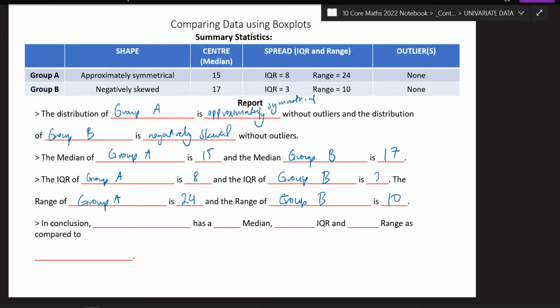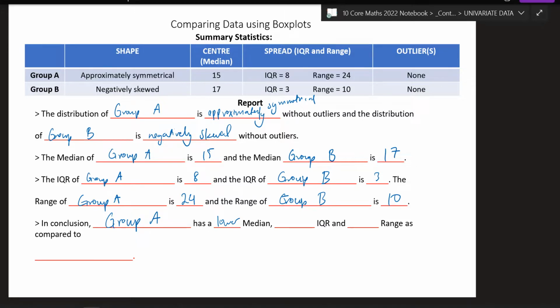Okay, so let's talk about the conclusion bit. Again, you don't have to necessarily do it, but if you were to, you could use this. So in conclusion, group A, let's start with that, has a. Okay, so do they have a higher or lower median than group B? Lower. Lower median. Okay, what about the IQR? Higher IQR.